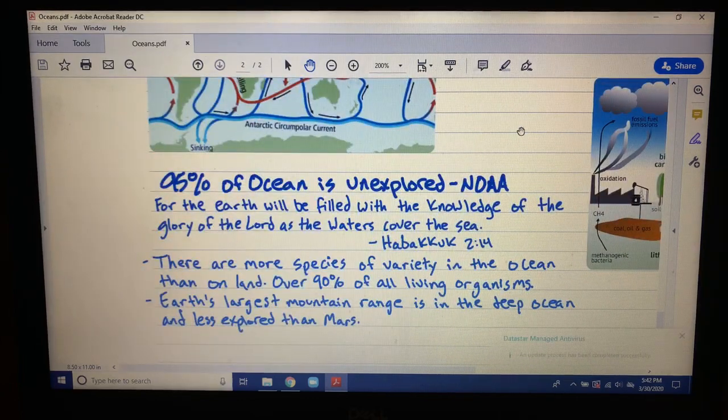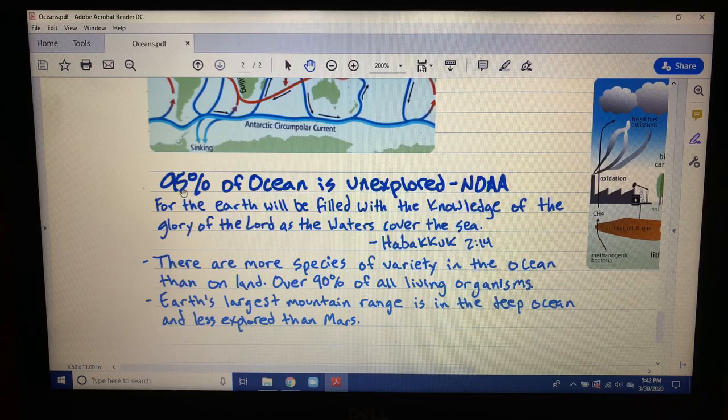Little fun fact for us is that 95% of the ocean is unexplored. And that came from NOAA, the National Oceanic and Atmospheric Administration.